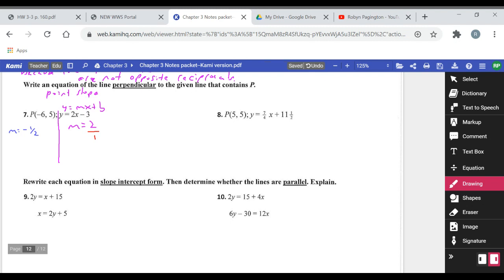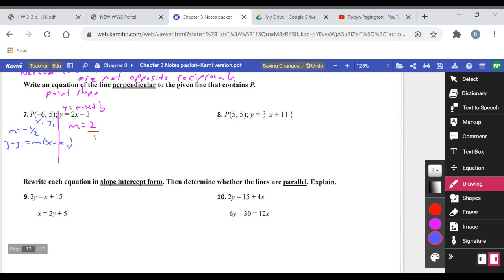Okay, again, if I want to label this ordered pair as x1, y1, then again, my point slope formula is y minus y1 is equal to slope times x minus x1.